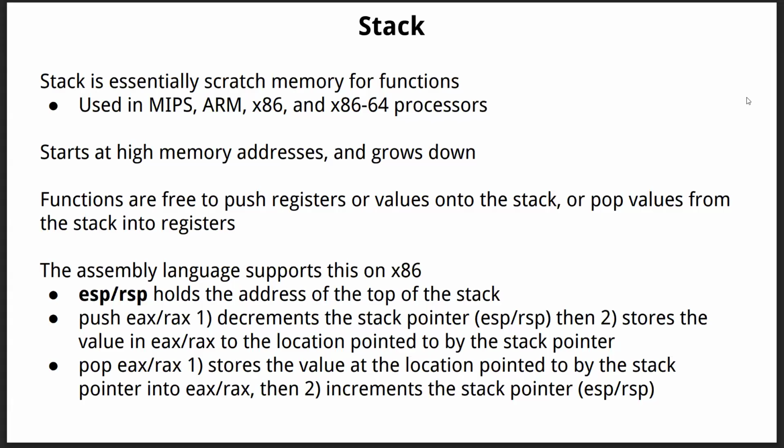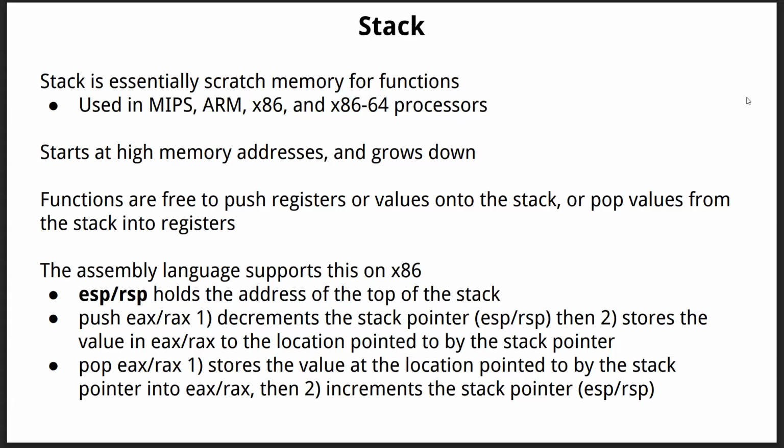The reverse operation of push is pop. Pop will store the value at the location pointed to by the stack pointer, ESP or RSP, to the register, or sometimes memory as well. It copies from the memory location pointed to by ESP or RSP to your register or memory.